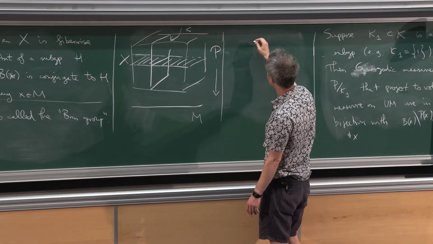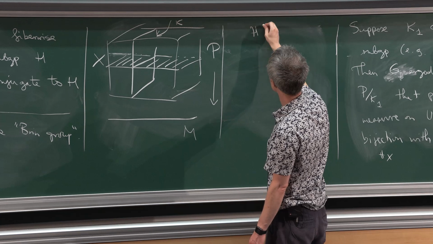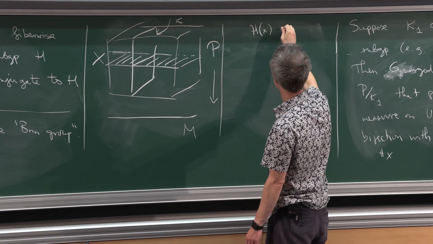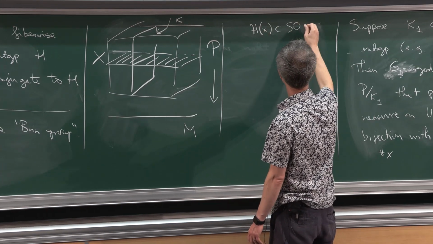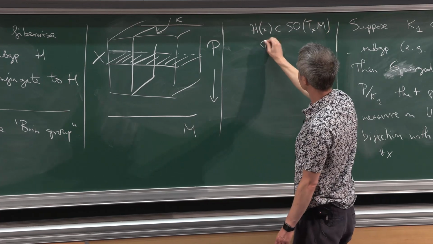You have, let me call this h of x, inside the orthogonal group, the Riemannian holonomy group.